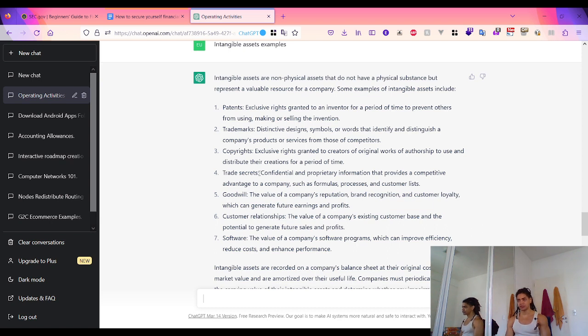So patents are exclusive rights granted to an inventor for a period of time to prevent others from using it. Whereas copyright is an exclusive right granted to creators of original works of authorship to use and distribute their content for a period of time.